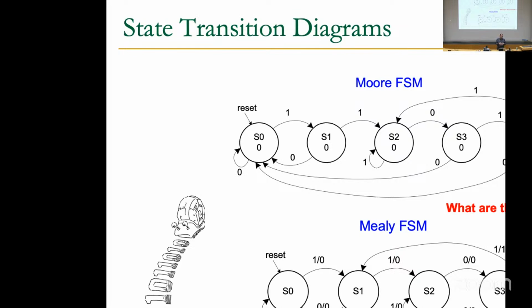But in a Mealy machine, your output is calculated based on the state, which is stable, and also the inputs. But inputs may not be stable enough. There might be some glitch, some high pulse, which is very short term. It should not happen, but it happens because of some timing issues that we're going to see more of next week. If that glitch happens, your output is also going to see a glitch, which is not good. So in a Mealy machine, people usually observe that outputs may not be stable enough.